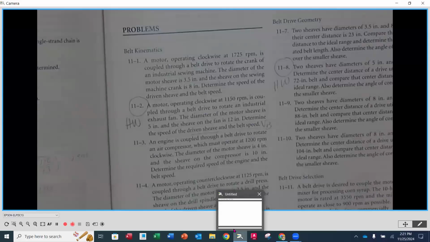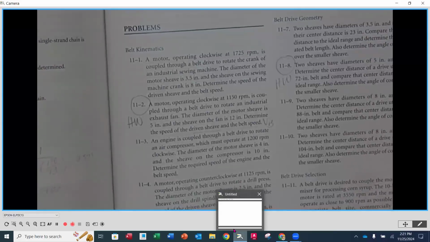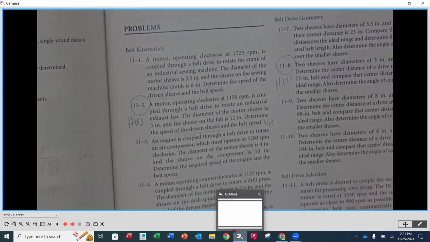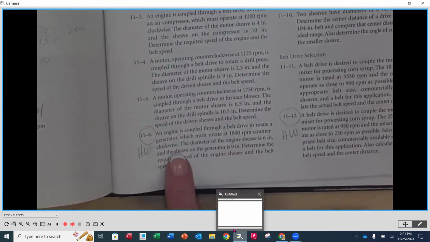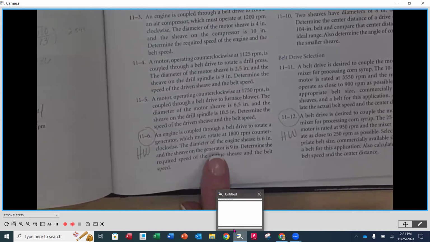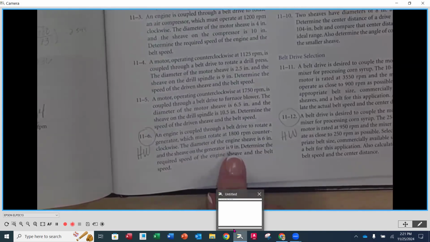That first example that we looked at was very close to that. The next problem has an engine coupled through a belt drive to rotate a generator, which must rotate at 1800 RPM counterclockwise. The diameter of the engine sheave is 6 inches and the sheave on the generator is 9 inches.